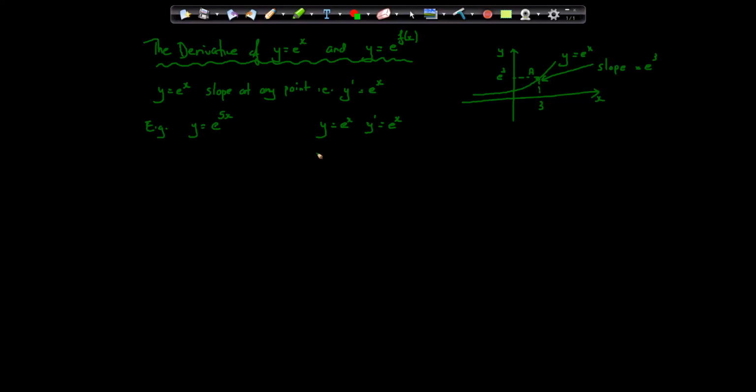And we also have something called the chain rule that we looked at just on Friday. And the essential result of that was that if we had y is equal to one function put inside another function, that the derivative of that was going to be the derivative of the outer function times the derivative of the inner function.